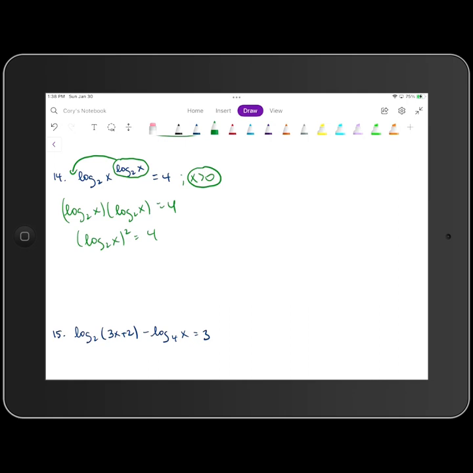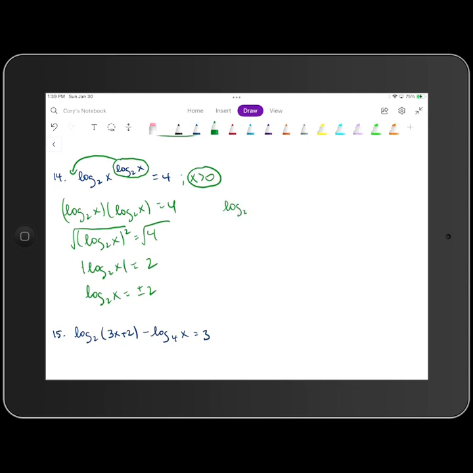Then we can take the square root of both sides. So the left-hand side is going to become the absolute value of the log base 2 of x is equal to 2, which means that the log base 2 of x is equal to plus or minus 2.